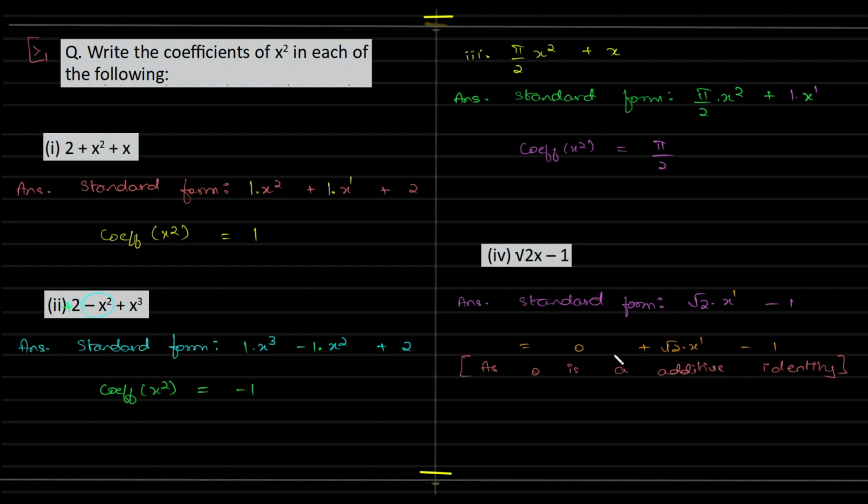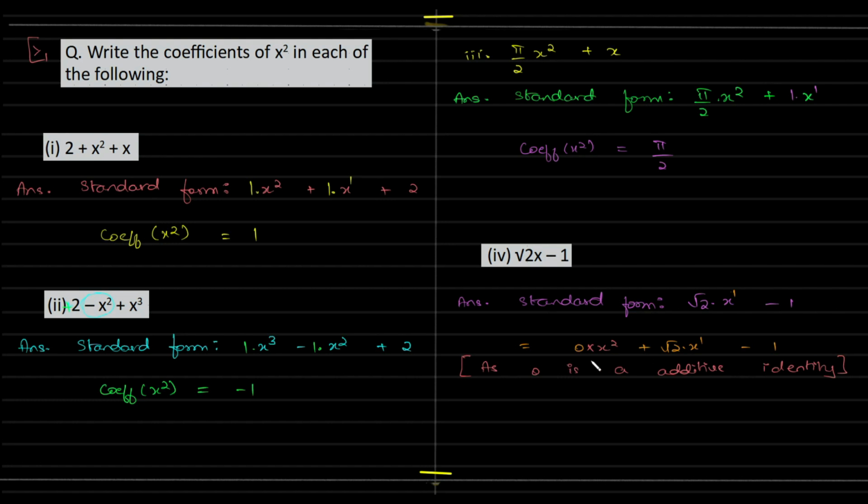Right? 0 plus 2 is 2. So I can just add 0 to this expression, things won't change. Can I multiply this with anything? Because 0 into something is 0 itself. So 0 into x square is 0. So 0 plus anything is itself. So end of it, I can do this.